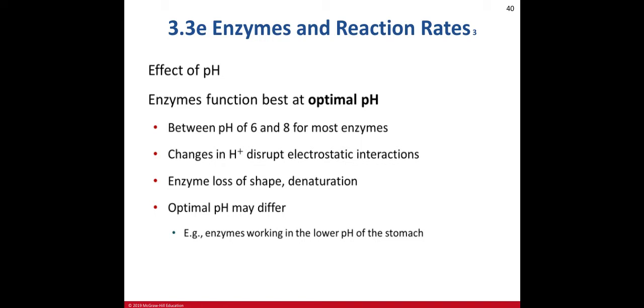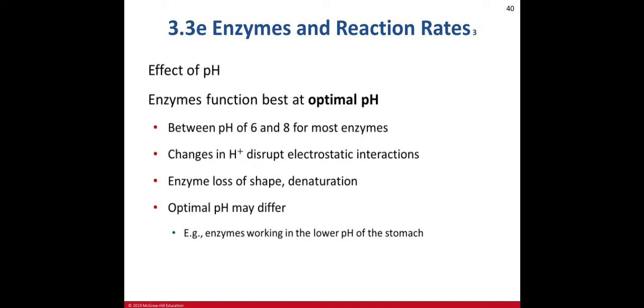pH also has an effect on enzymes. There is an optimal pH or a best working pH, and that's usually between 6 to 8 on the pH scale for most enzymes. And you'll notice that's where our blood pH normally ranges. That 6 and that 8 are kind of danger zones, but within that range.